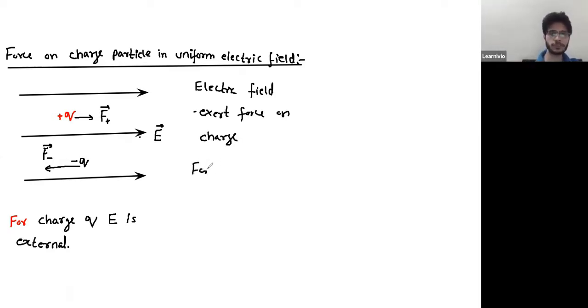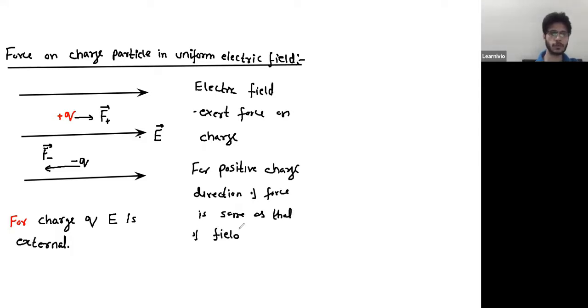For positive charge, the direction of force is the same as that of the field, while for negative charge, the direction of force is opposite to that of the field.